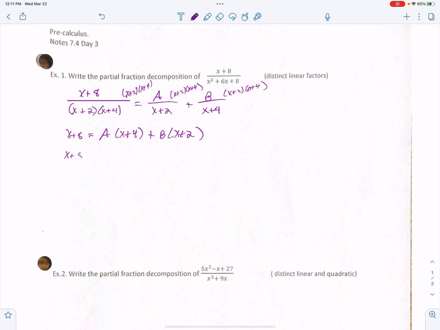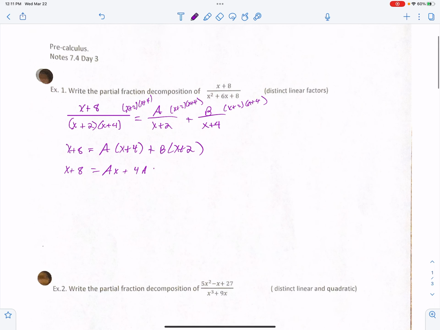I am going to expand and equate coefficients. So we get x plus 8 is Ax plus 4A plus Bx plus 2B.